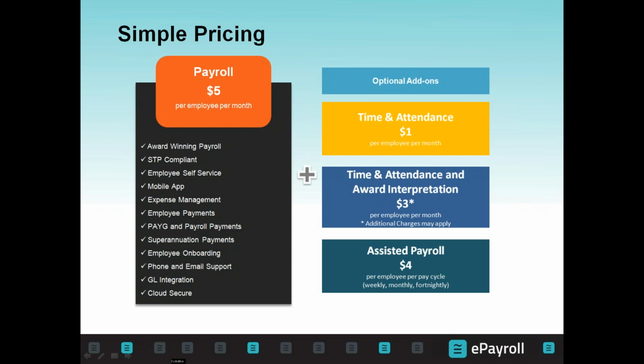Assisted payroll is kind of a step between a managed solution and a self-service, where you would enter all your own data into the system and then submit your payroll to us at the support team. We would then go over your payroll and check it's compliant, check that everything's correct, and then mark your payroll as paid and pay the employees.